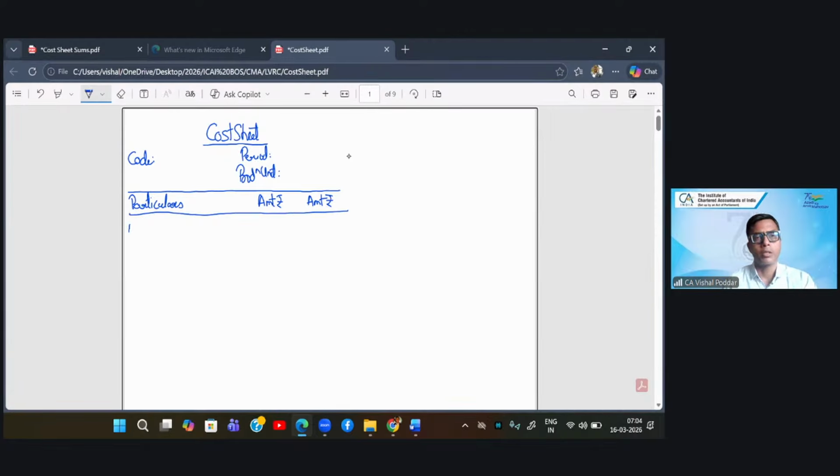In this, the first item is raw material consumed. There is a possibility that this amount is given ready-made in the sum, or you need to compute it by a small working. This is also called direct materials. Correct? Now, how will it be computed?